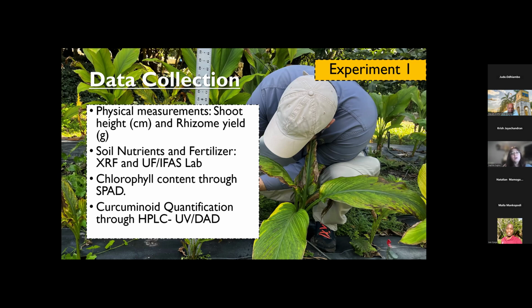Finally, we chemically analyzed turmeric rhizomes by powdering all of our samples through a freeze dryer. Then we created an acetonitrile extraction, and ran all of the samples through HPLC UV-DAD to quantify the curcuminoids.